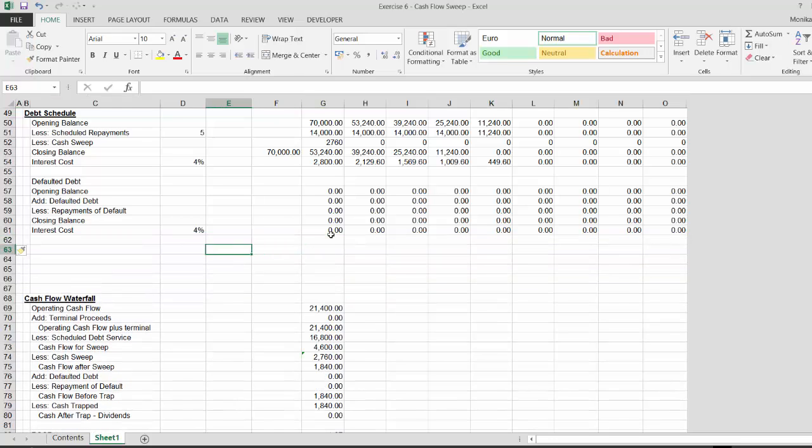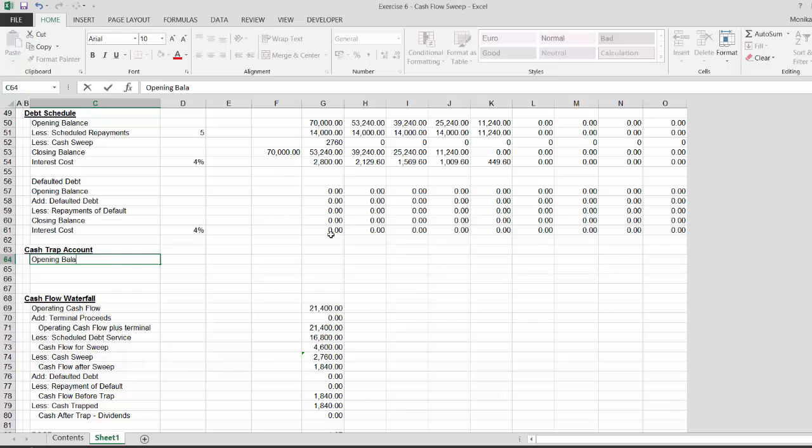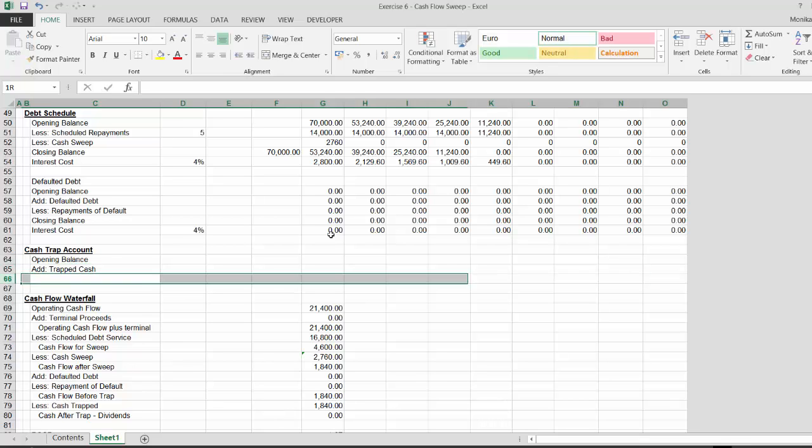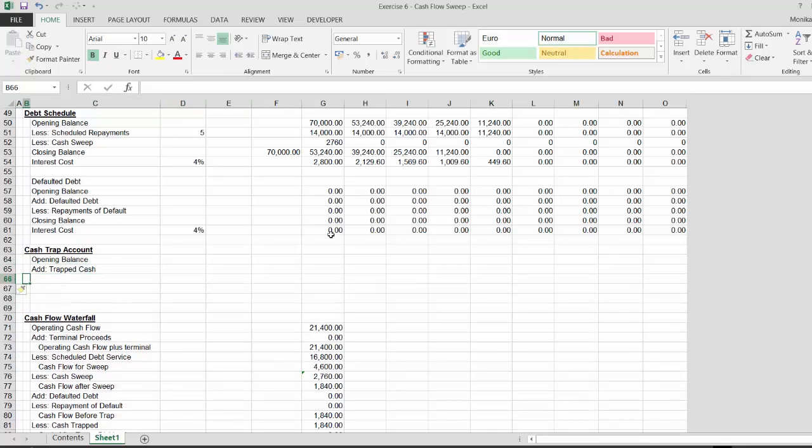and let's put the cash trap, and let's add, it's almost like a negative debt, put an opening balance, add the trapped cash, subtract the release of the trapped cash, and then we put a closing balance.